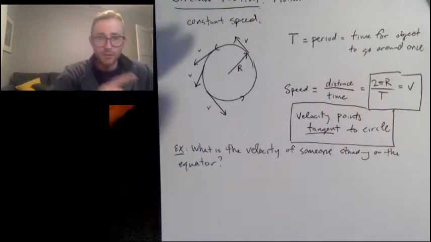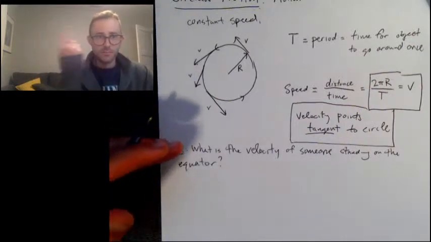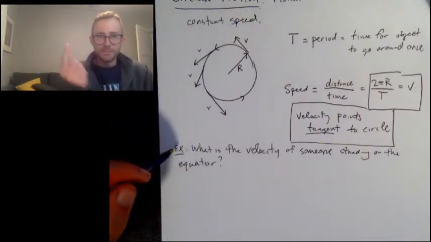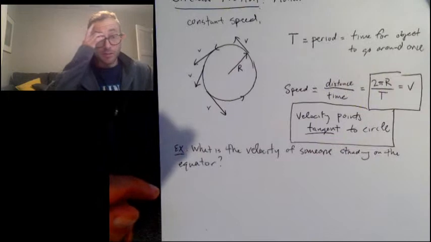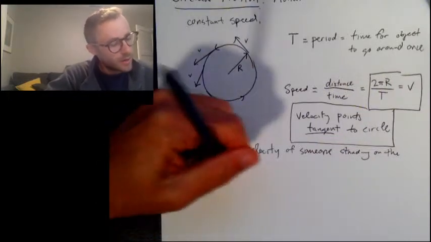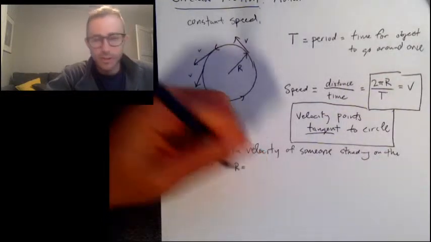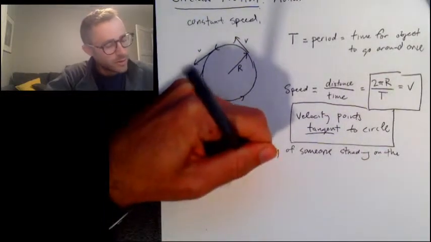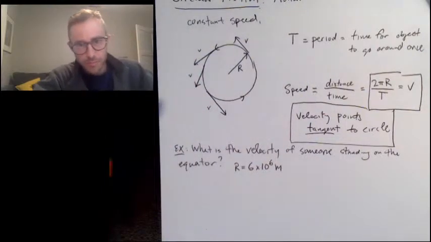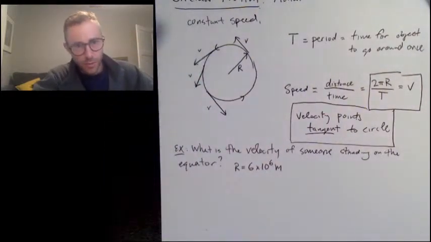Well, if you think about it, the Earth is spinning, right? So you're going in a big circle that is the size of the Earth's radius, okay? And it turns out that the Earth's radius is 6 times 10 to the 6th meters. 6 million meters is the radius of the Earth, approximately.